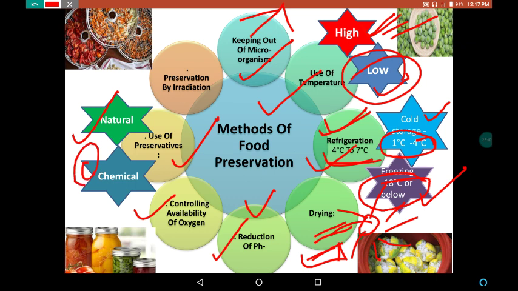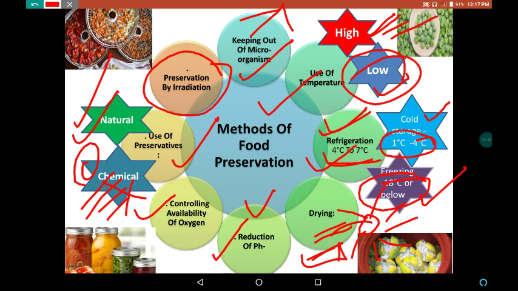Natural preservatives, which we use at home, are like salt, sugar, vinegar, acid salts, etc. And there are some chemical preservatives: sodium chloride, sodium benzoate, citric acid, etc. So you can preserve the food by using preservatives. Natural preservatives are safe, but chemical preservatives are unsafe. Next is preserving by irradiation.